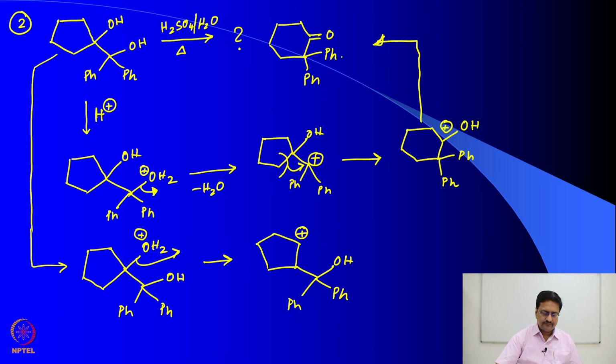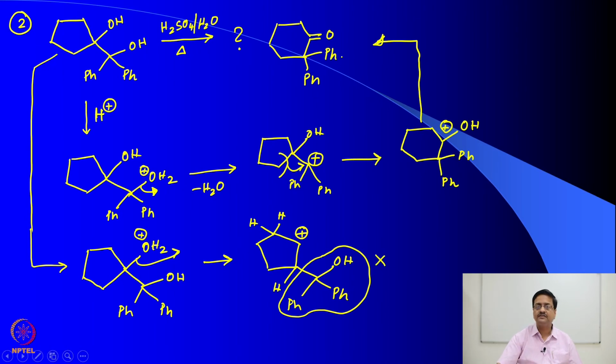Now, what can happen? We have only hydrogens here, and in this we have one hydrogen and this large group. So, this large group migration is not always possible, and hence this will not lead to any pinacol-pinacolone rearrangement product.